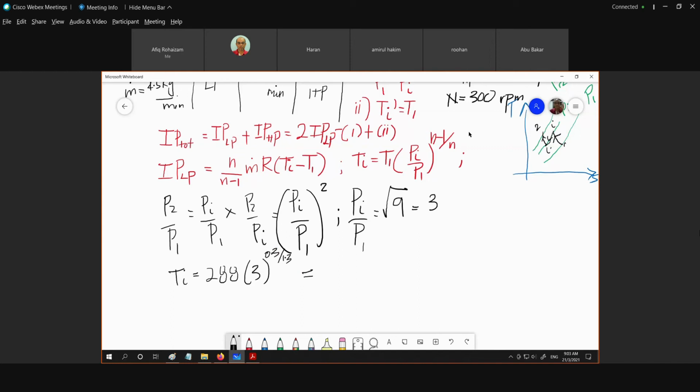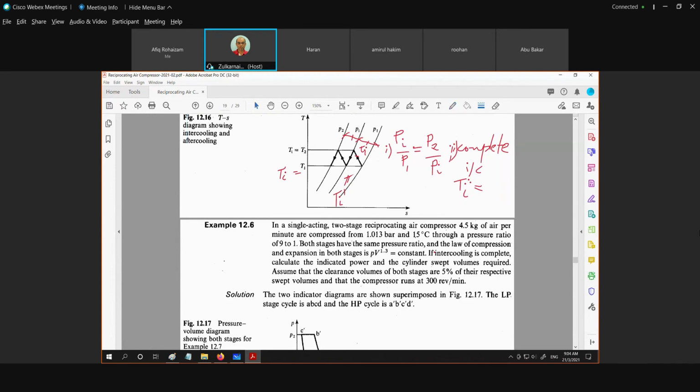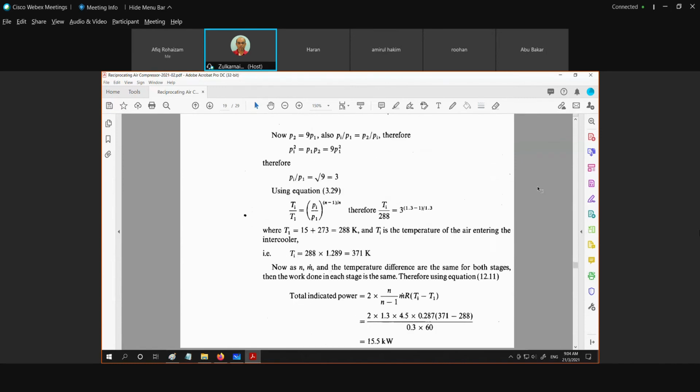Okay, ada siapa boleh tolong kirakan? Memang jawapan dah ada. Jawapan kat sini. I got 371.1. Okay, we'll get 371. Okay, betul lah.